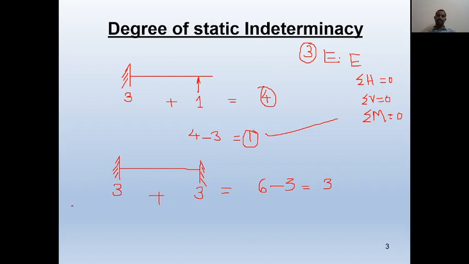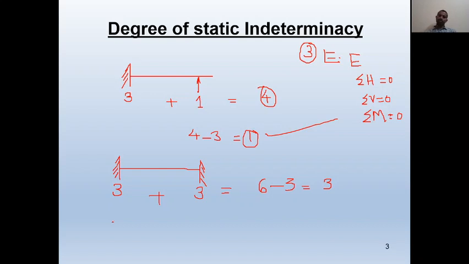Similarly, if you want to calculate the static indeterminacy of a continuous beam, continuous means it must be supported on more than two supports. A cantilever has only one support, that is a fixed support, and the other end is left free.